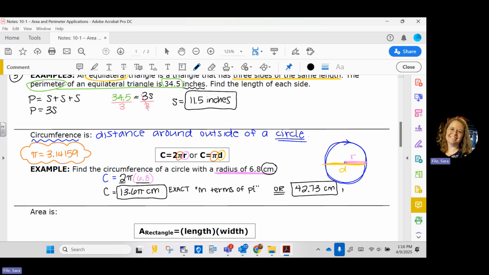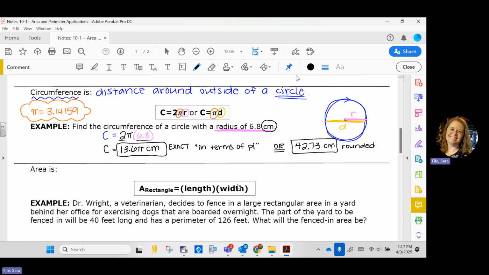Okay, this is the rounded value. So exact versus rounded. Pay attention to what your question wants your answer in terms of. If they say round to the nearest tenth, hundredth, thousandth, okay, you're going to round your answer. Okay, if they say leave it in terms of pi or give an exact answer, you're going to leave that pi symbol there.